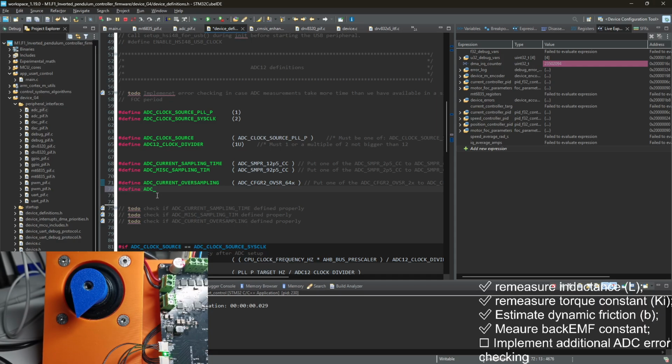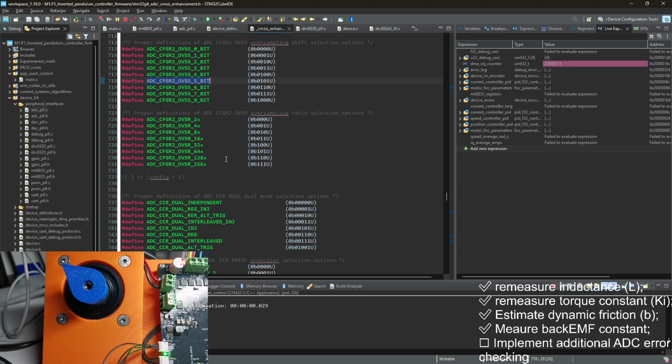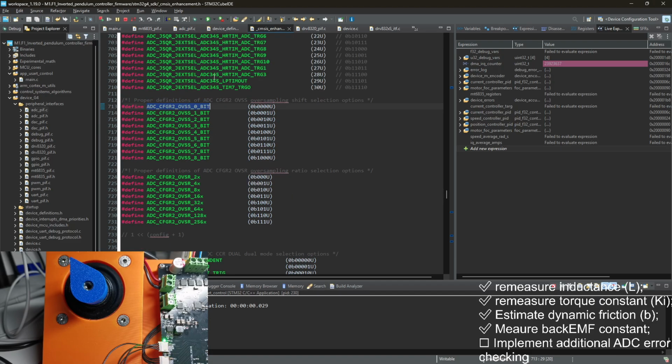ADC current oversampling shift. This value will be like that, 0 bit to 8 bit. Okay.